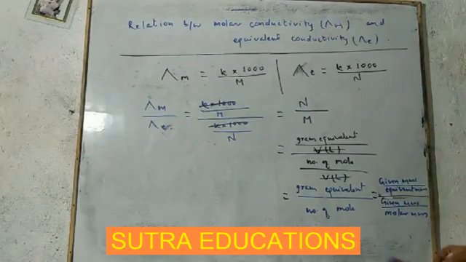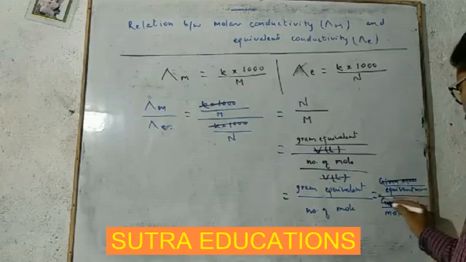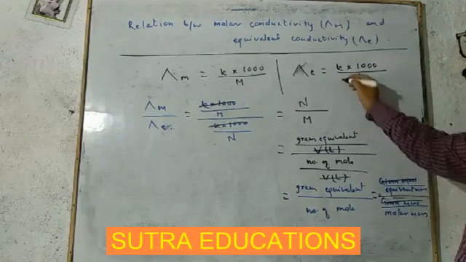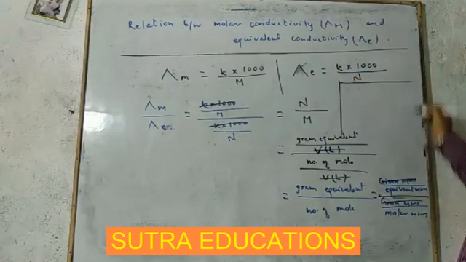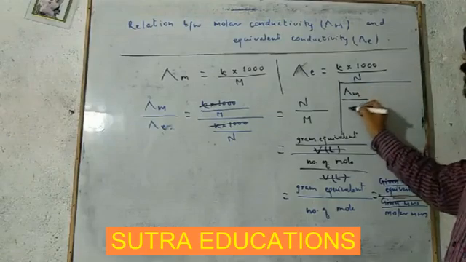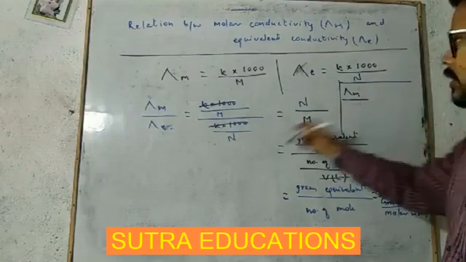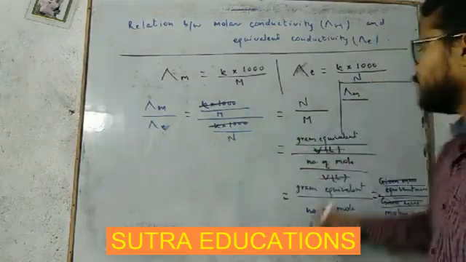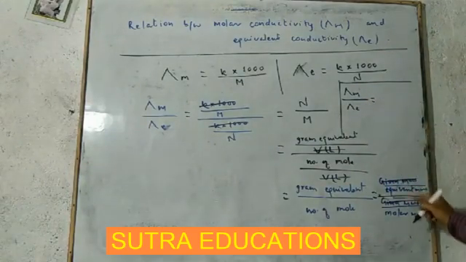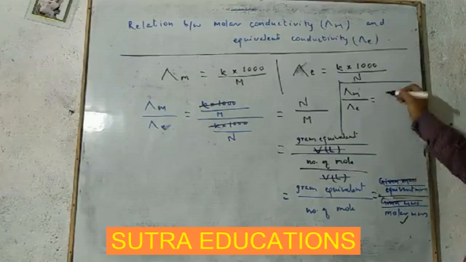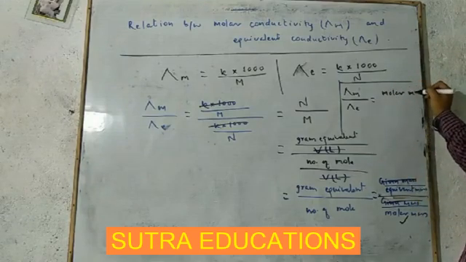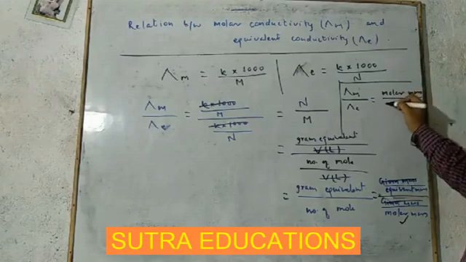So given mass will be cancelled out. Now it is molar conductivity upon equivalent conductivity is equal to molar mass upon equivalent mass.